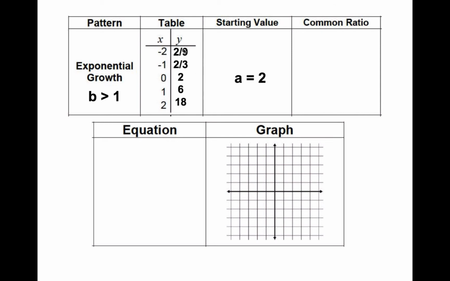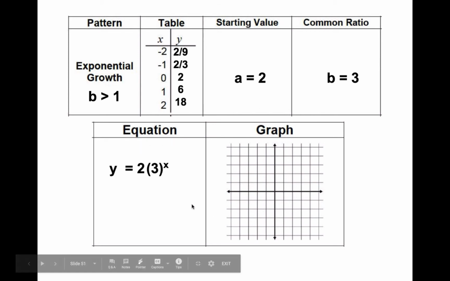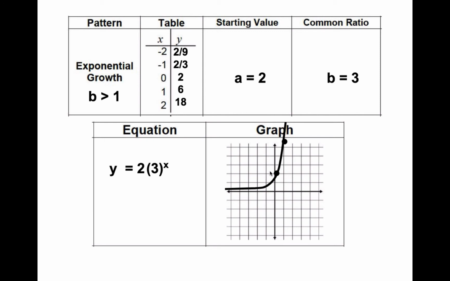Your common ratio, what is your y getting multiplied by each time? That would be 3. So putting these together for your equation, it'd be y equals 2 times 3 to the x power. And then if you were to graph this, you could graph 0, 2, 1, 6, and we know it's exponential, so it'll be curving up like this.